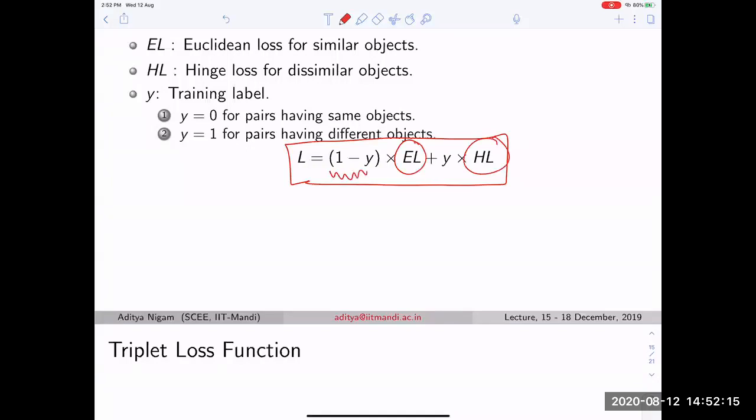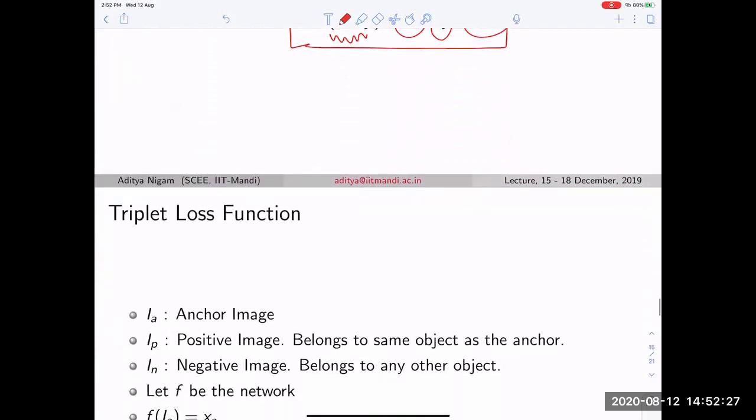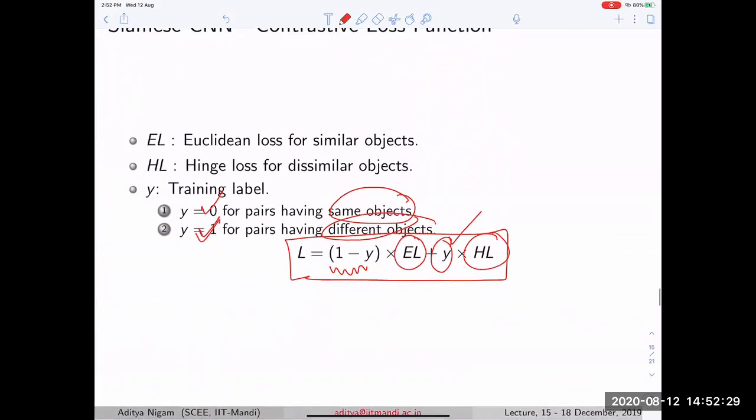Because y is equal to 0 for the same and y is equal to 1 for the different. Clear? Is this okay to everyone? This is actually contrastive loss.